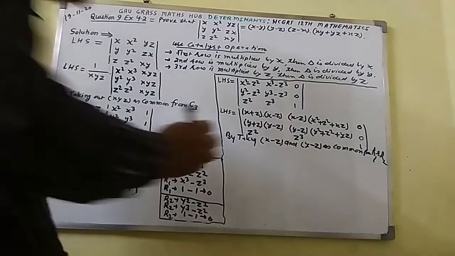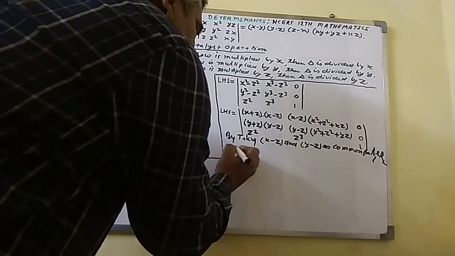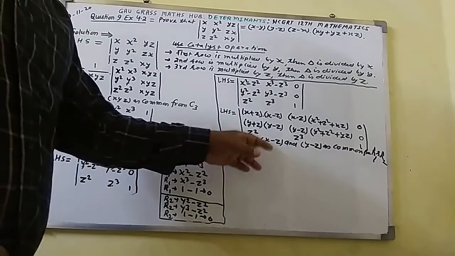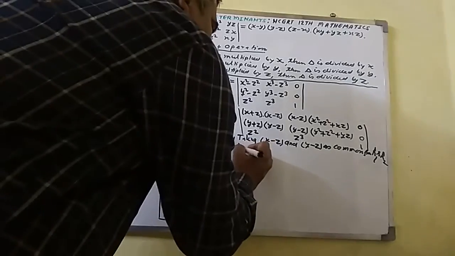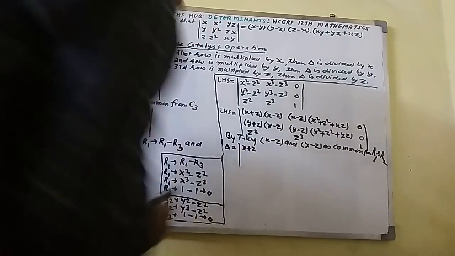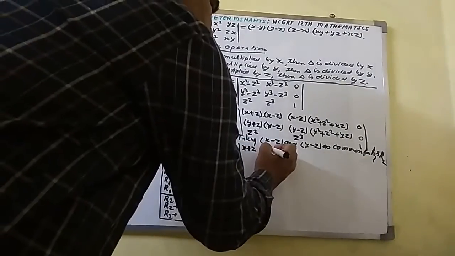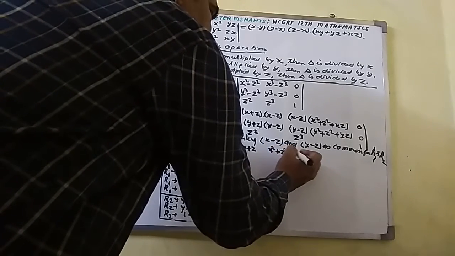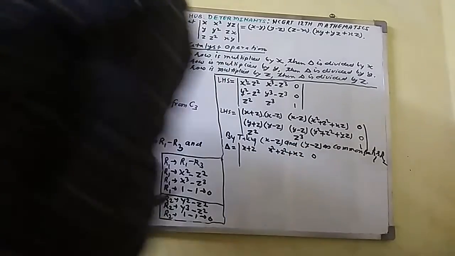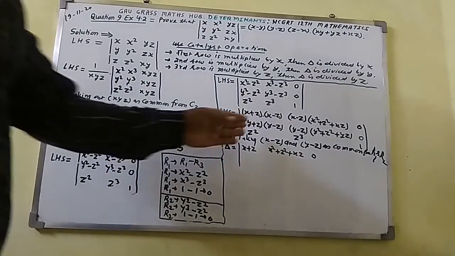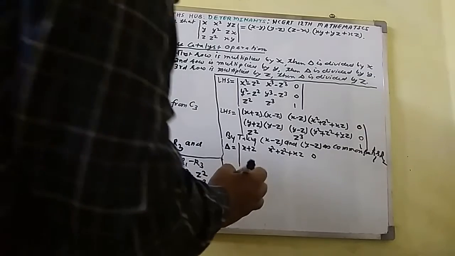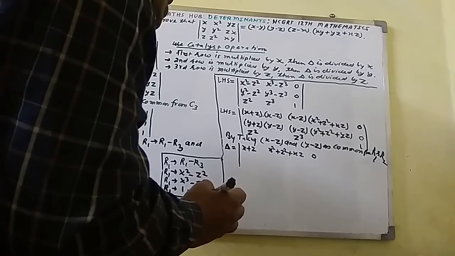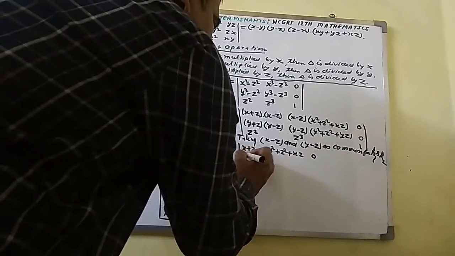So we will get here that equal to: x minus z taken common, here you only get x plus z. Here you will get x square plus z square plus xz. Here get 0. And here, y minus z has been taken as common, so here you get only y plus z.